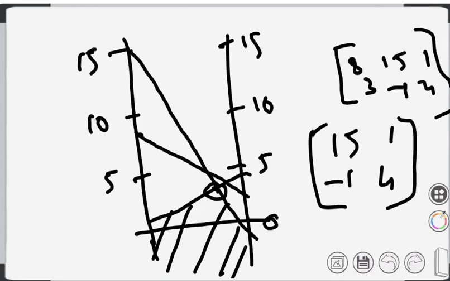Quickly calculate P1, Q1. I think P1 is 6 by 19.